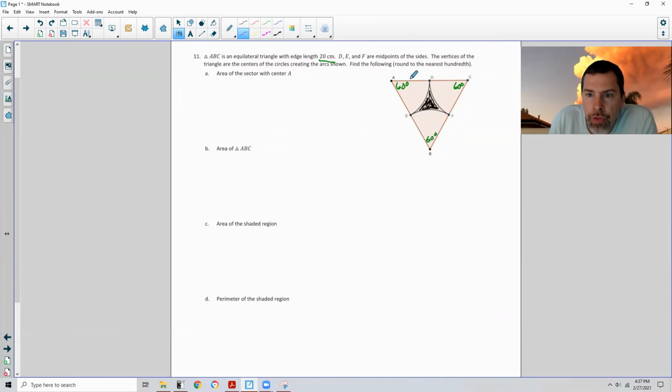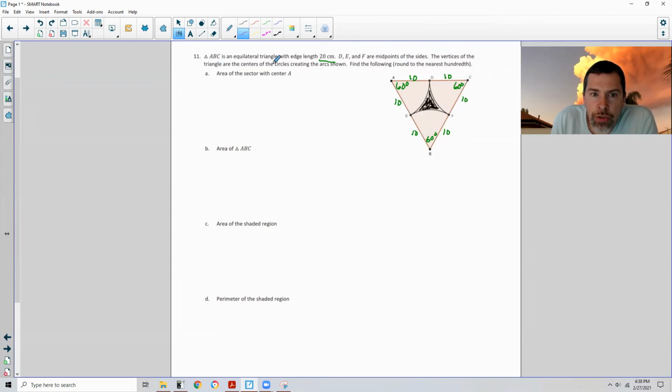If the whole side is 20, then this is 10, this is 10, this is 10, 10, and 10. BF, BE, AE, AD, CD, CF are all 10. And they're saying D, E, and F are midpoints. That's why I cut that in half, 20, 10, and 10.